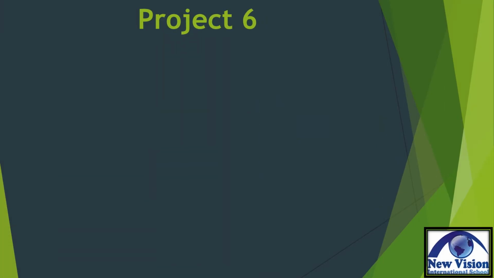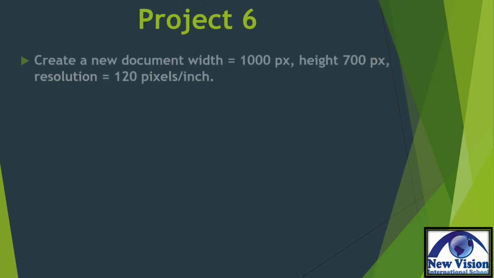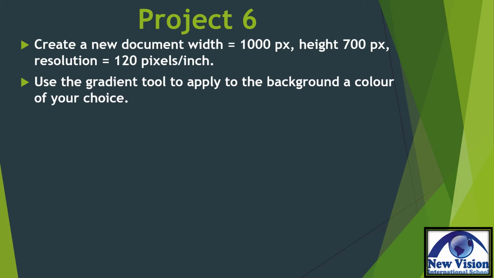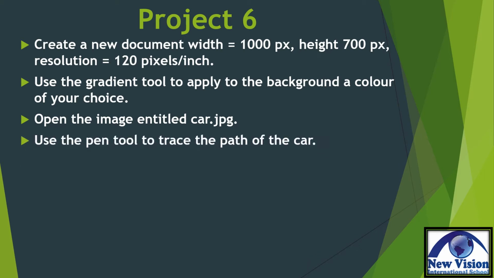In order to do project number 6, you should follow the given directions. Number 1. Create a new document with a width of 1000 pixels, height 700 pixels, and the resolution would be 120 pixels per inch. Number 2. Use the gradient tool to apply to the background a color of your choice. Number 3. Open the image entitled Car. Number 4. Use the pen tool in order to trace the path of the car.